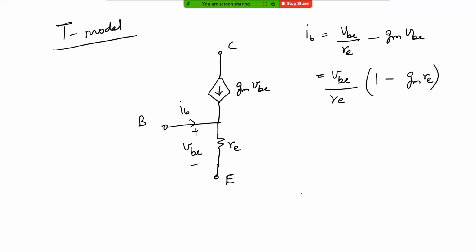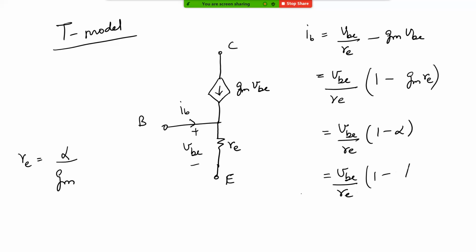Correct? Now we saw that re can be written as alpha by gm. So gm re can be written as alpha. So vbe by re into 1 minus alpha. So this alpha you can substitute as vbe by re into 1 minus beta by beta plus 1. This can be simplified to vbe by re into, you will have beta plus 1 here, and you will have 1 here, correct?